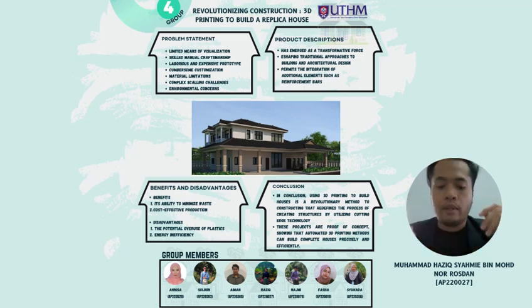A digital blueprint is created by scanning an existing structure, and this blueprint is then fed into a 3D printer. So the printer meticulously constructs the scanned copy of the house layer by layer, catching every minute feature.